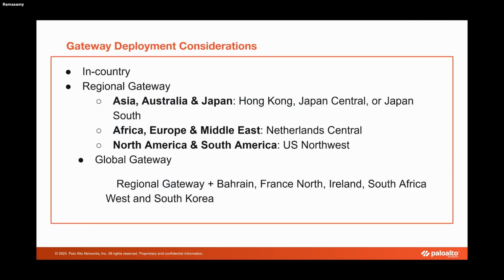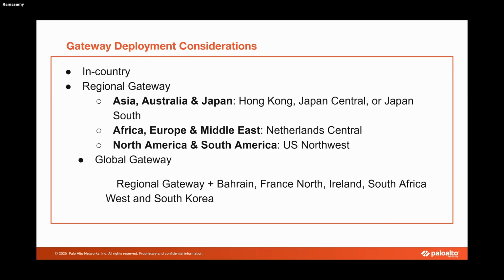Moving on to the next slide, which is gateway deployment consideration. We have seen a lot of customers raising cases on this topic as well. When a mobile user connects to a Prisma Access location, the GlobalProtect app uses the following selection process to determine the location to which it is going to connect.